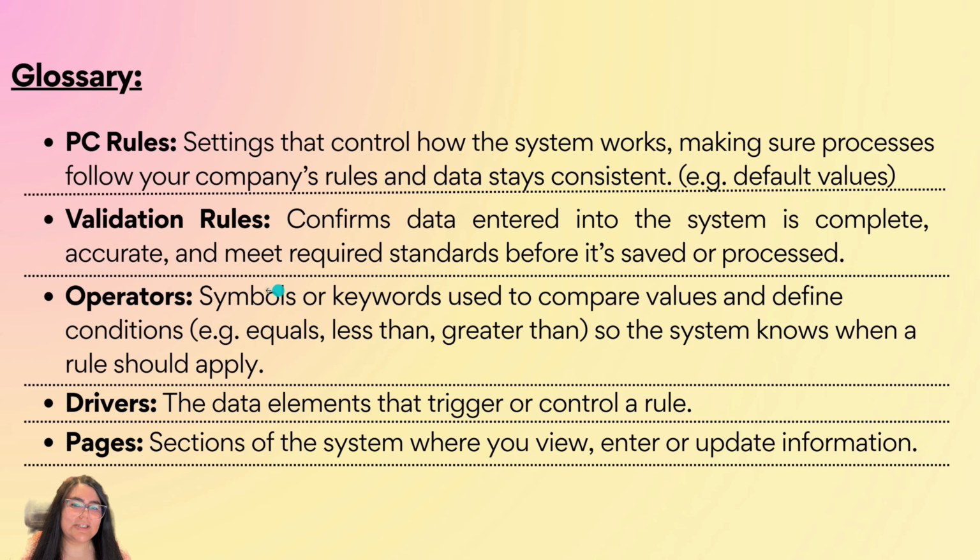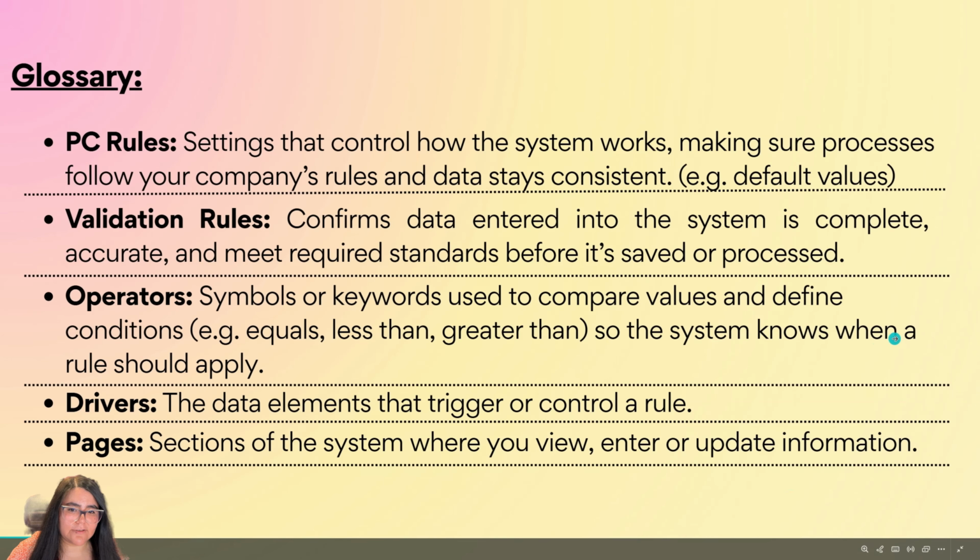You can always slow this down or take a couple of retakes of this video to make sure you fully understand it. And then, of course, operators is something I'll be commonly using. They are like the less than, greater thans in the world, if you're not familiar with those items. And then drivers, these are the data elements that will trigger a different control rule. And we'll walk through examples of all of these in the following slides.